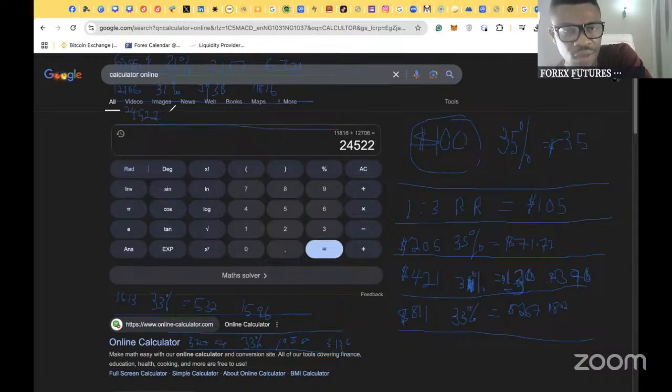Let's risk 31%. And that will be 31% times 24,522, giving us 7,601 risk. Multiply by 3 if trade goes well.